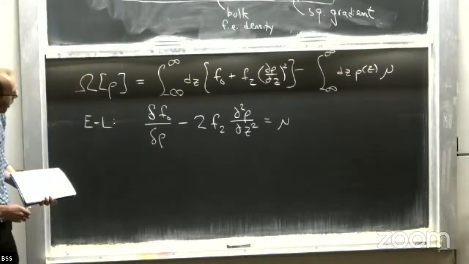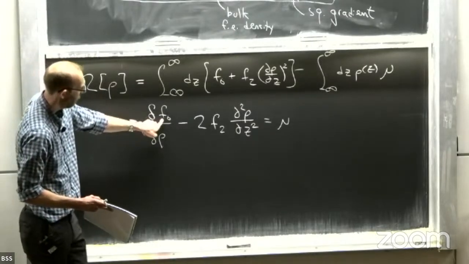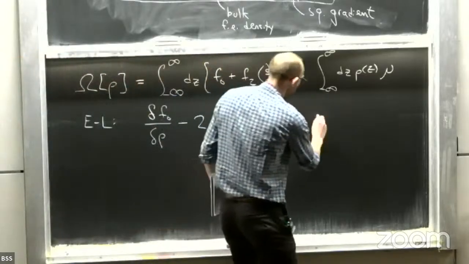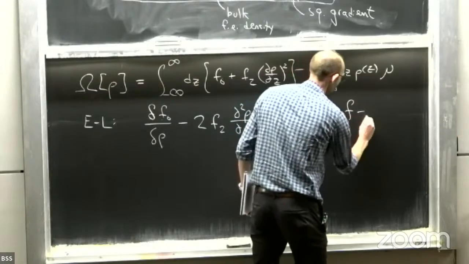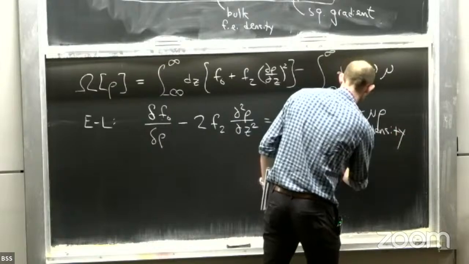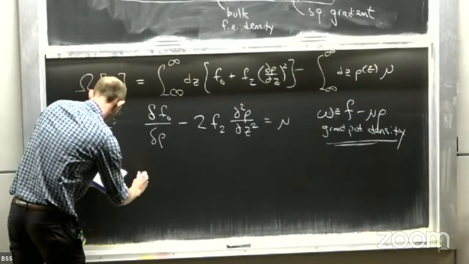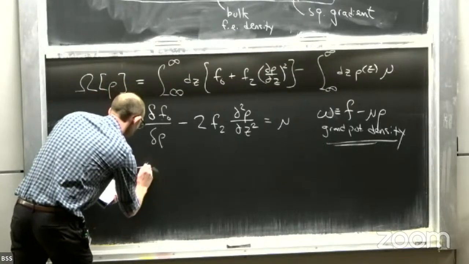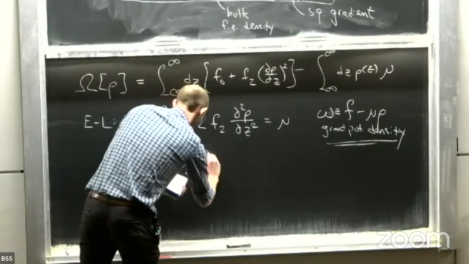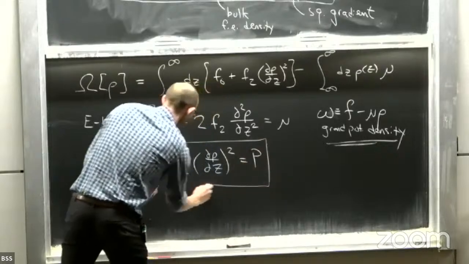It's a bit more natural to, again, use this grand canonical description. Again, F minus mu times concentration is grand potential, right? So we can define a grand potential density. If we do this, we get, okay.